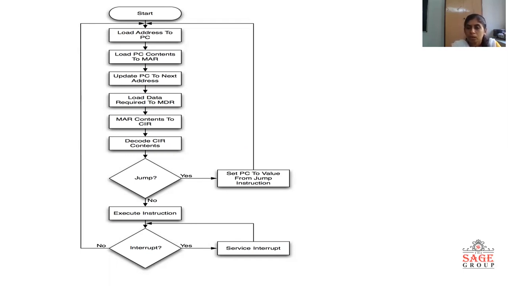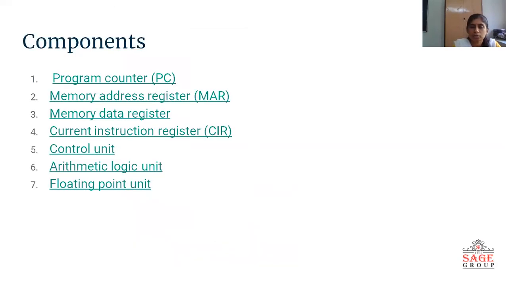In execution, if there is an interrupt, then the interrupt is serviced and this process will be repeated again and again. If there is no interrupt, then again the new value of the program counter is loaded with an address. This is all about the instruction cycle.